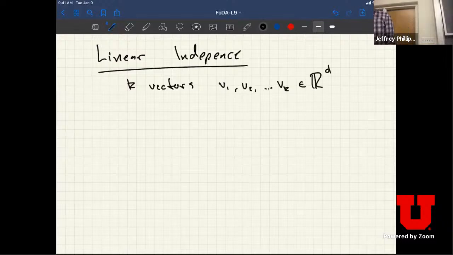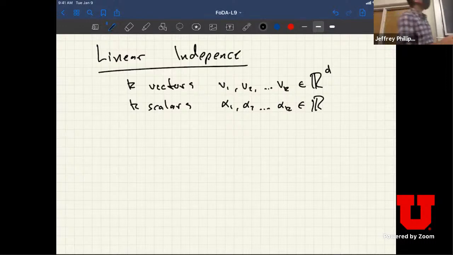So these are d-dimensional vectors. And I also have k scalars, alpha 1, alpha 2, up to alpha k. Remember, I was going to use Greek letters for scalar quantities. These are not vectors, these are just a single value.